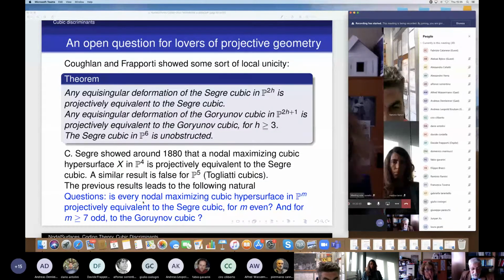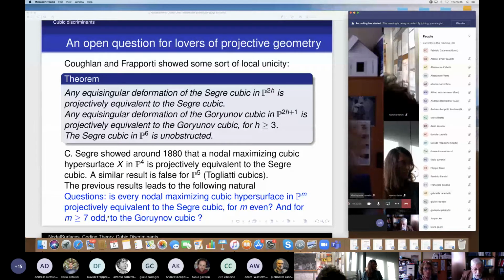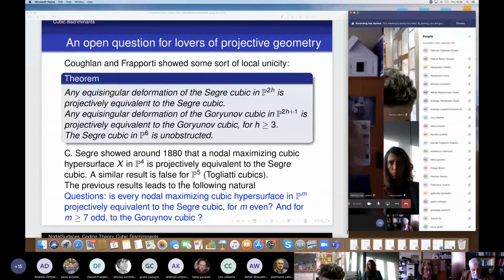Is it true that every nodal maximizing cubic, so every cubic with the maximal number of nodes, which is known, is projectively equivalent to the Segre cubic for even dimension of the projective space, or to the Goryunov cubic for m odd, at least 7?